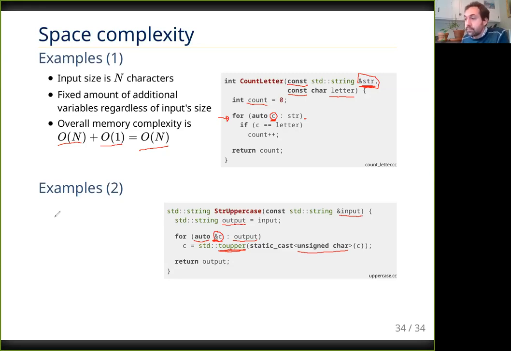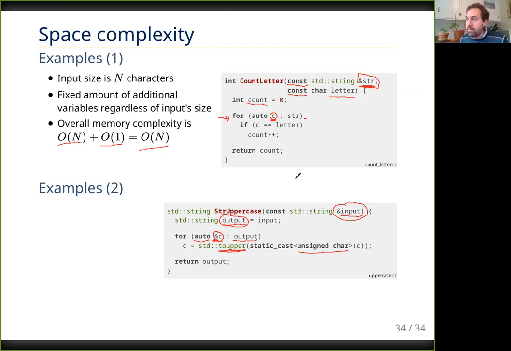So that's it. Anyway, back to memory complexity. So we see that this input will obviously have a complexity of O of n, as a number n of characters. And because we make a copy of this input into an output, we also create some extra space of n characters.